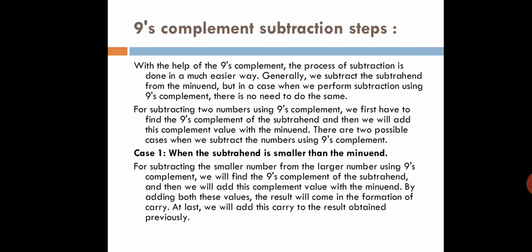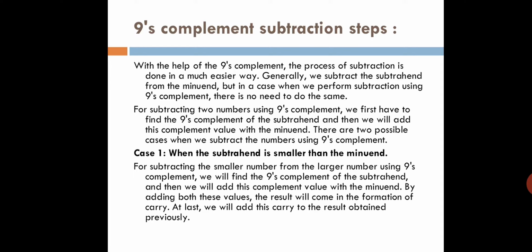The first case is when the subtrahend is smaller than the minuend. That is, how exactly you have to deal with the 9's complement along with the positive value, and along with the negative value. There are two actual cases.